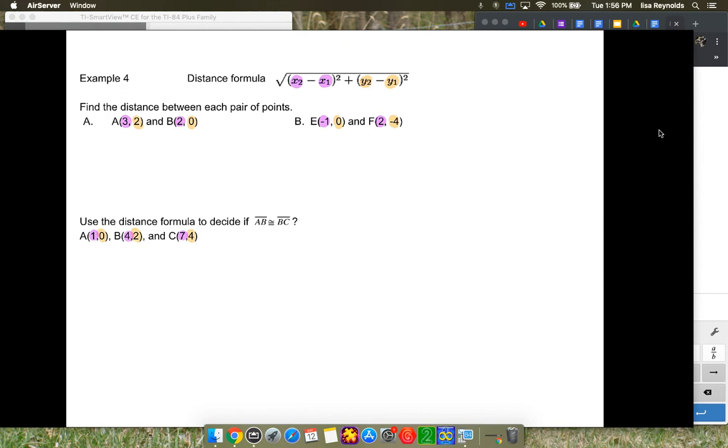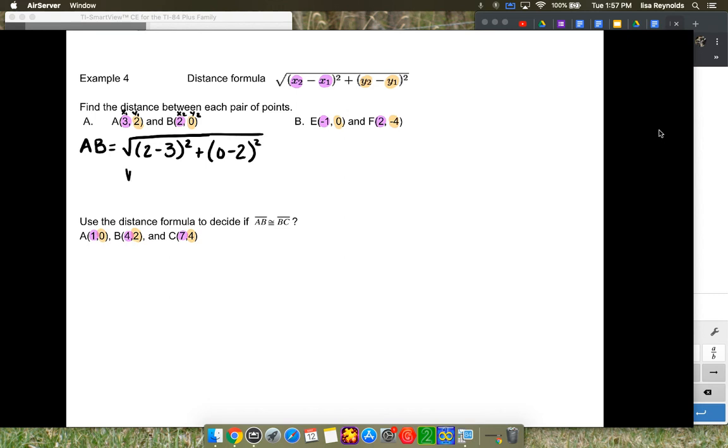For this first question, we're going to find the length of AB. So we have our square root. If I have x1, y1, and then x2, y2, I'm going to do (2 minus 3) squared, plus (0 minus 2) squared.